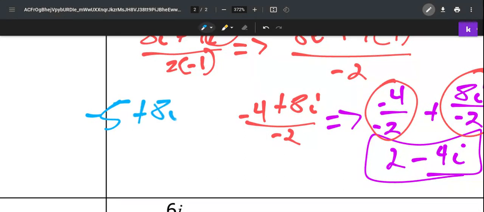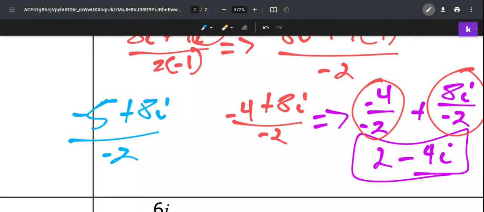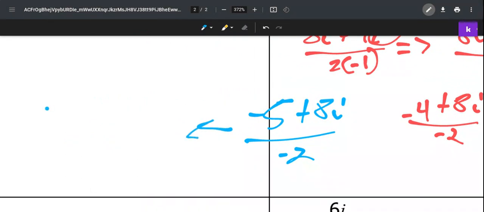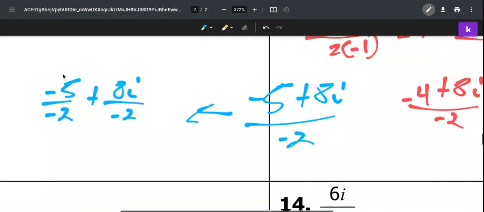Negative 5 plus 8I over negative 2. What would happen is we would essentially not be able to reduce this, but we could switch the signs around. We could say, okay, I know this is the same thing as negative 5 over negative 2 plus 8I over negative 2. So all I could really do was change the signs.